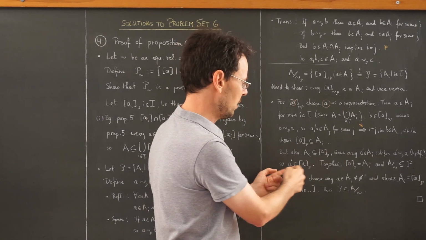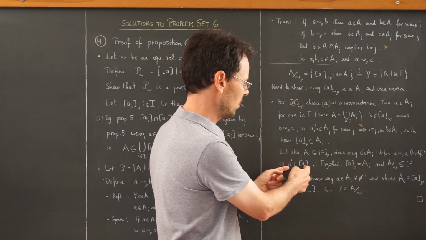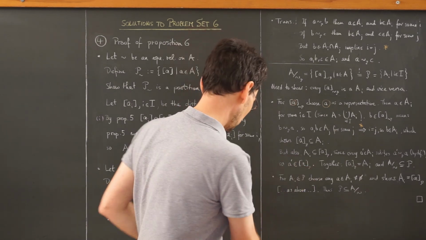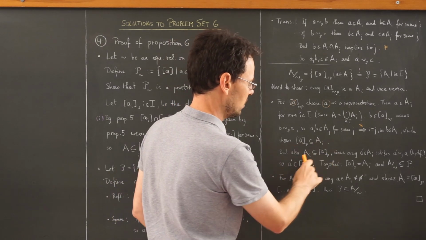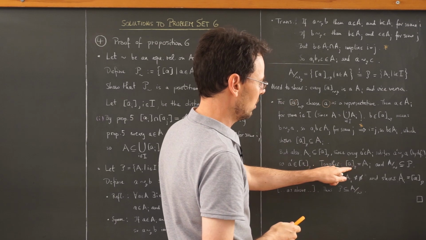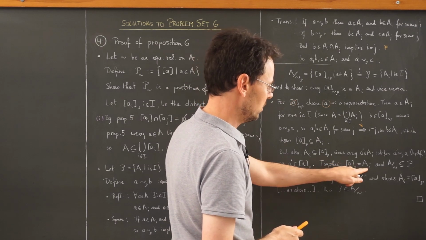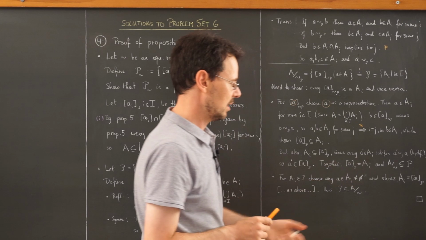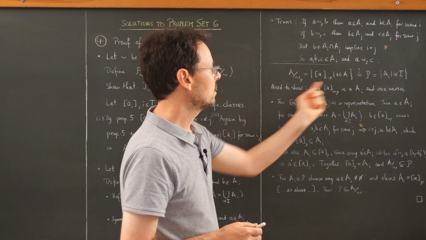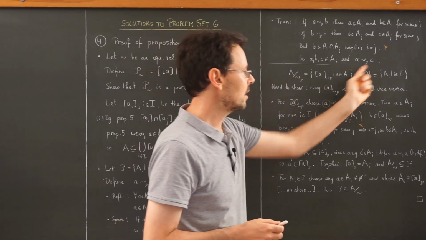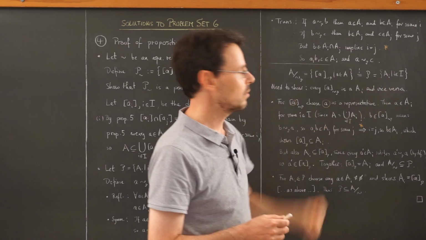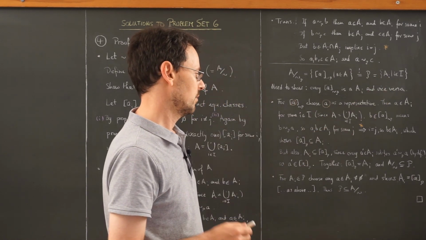So this means nothing but that A prime also lies in the equivalence class of this A. And if we take this and this inclusion together, we end up with this equality here. This equivalence class is the same as some A_I, and this proves that this set here is a subset of this set, because every element here is one of those A_I.